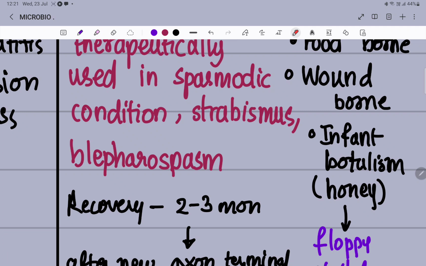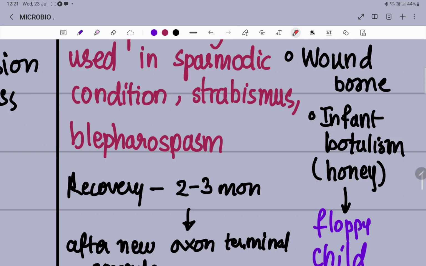It simply has all the other features of flaccid paralysis. In wound borne, the organism is present in the soil, and from there it will enter the body.